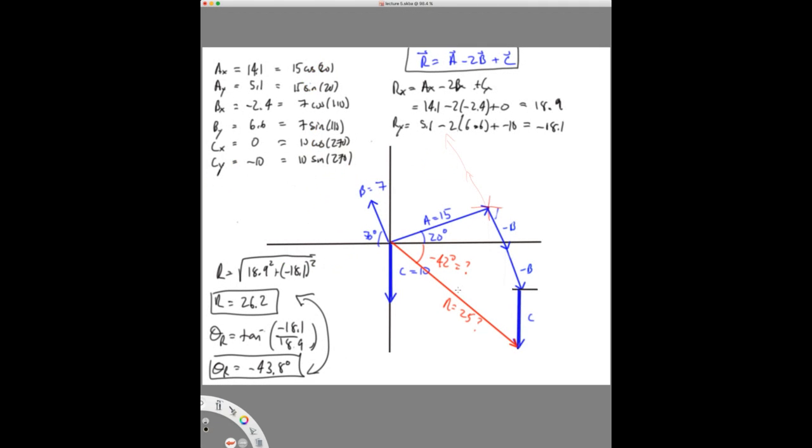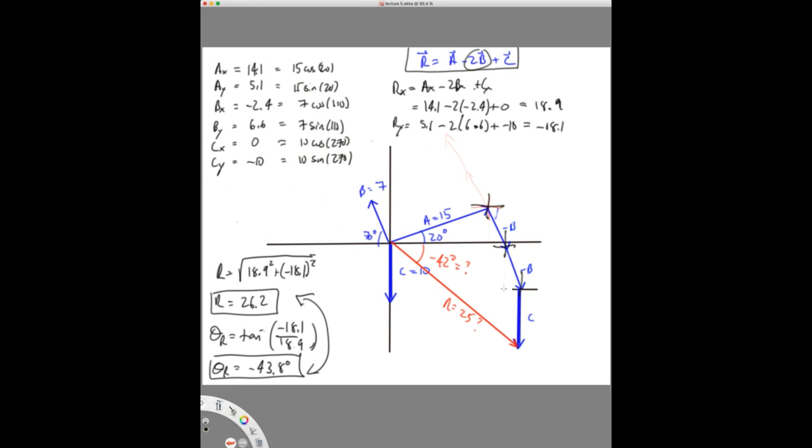Yeah, absolutely. So we had a minus 2b plus c. I start at the origin, I walk along vector a, and then we make a new origin at that point. At that origin, I took the vector b and I flipped it around to get a minus b. And that gets its own new origin. I had to do that twice because it's minus 2b.